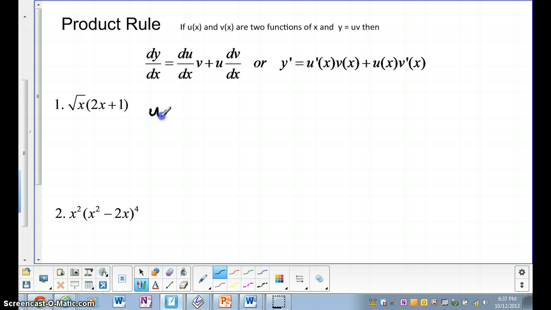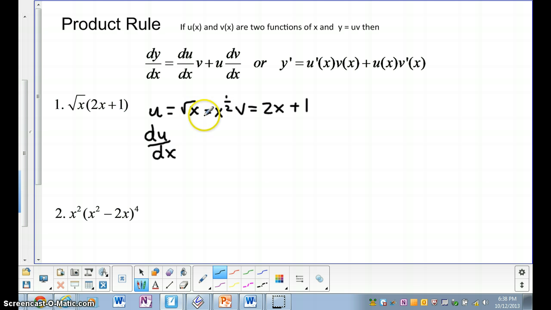For this example, our u is the square root of x and our v is 2x plus 1. Our derivative of u with respect to x, using the power rule, we'll change this exponent so that it makes it easy to use the power rule.